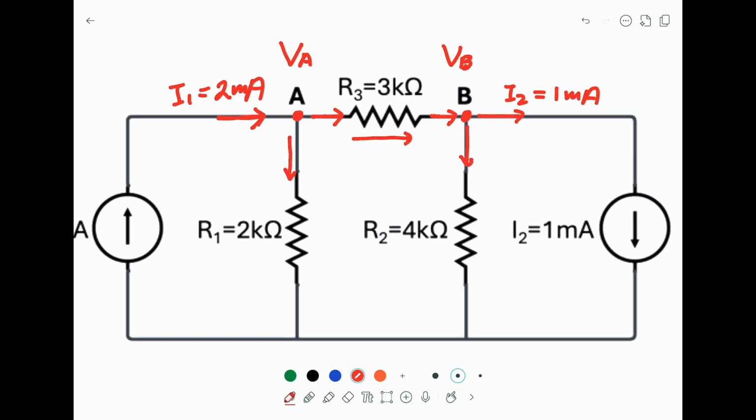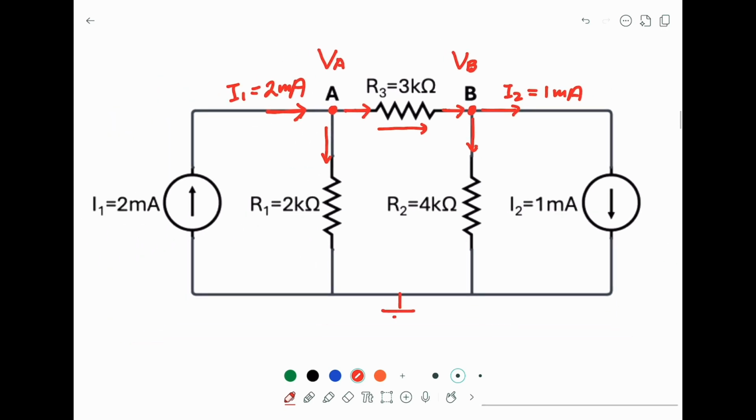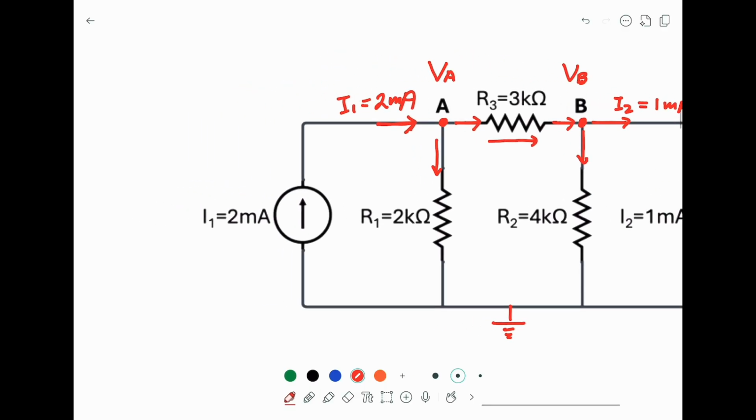We assume this is ground, meaning 0 volt. Now we apply KCL at A and apply KCL at B separately.